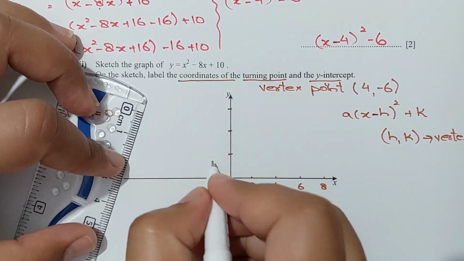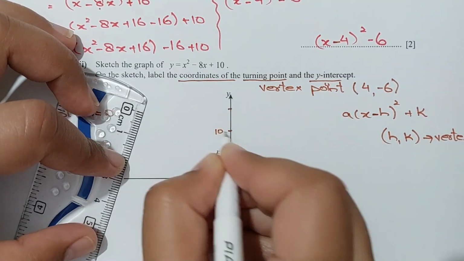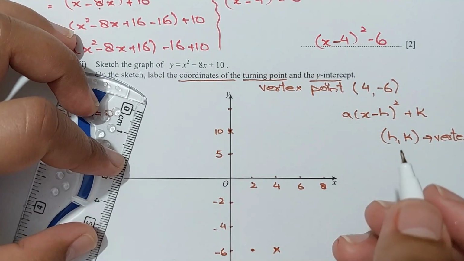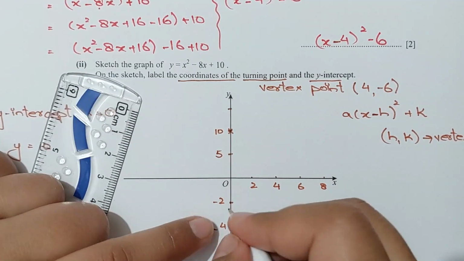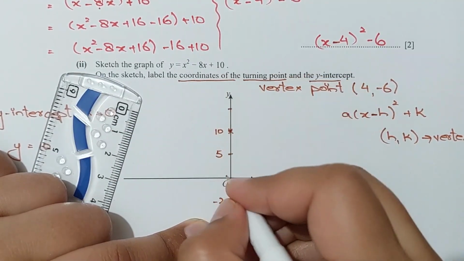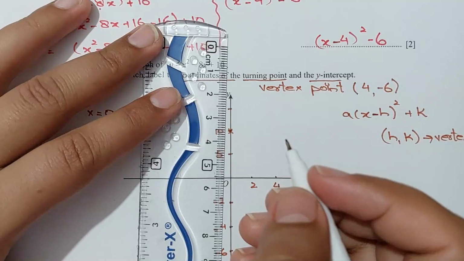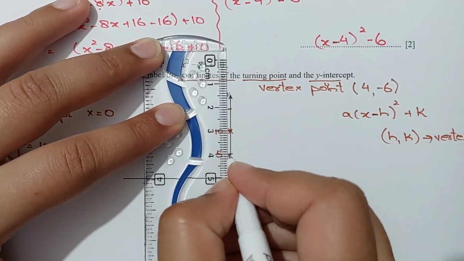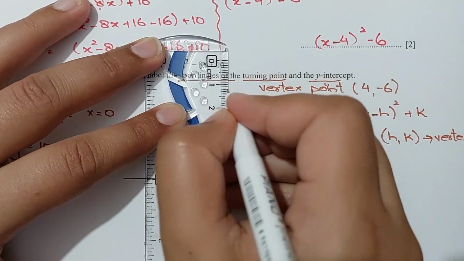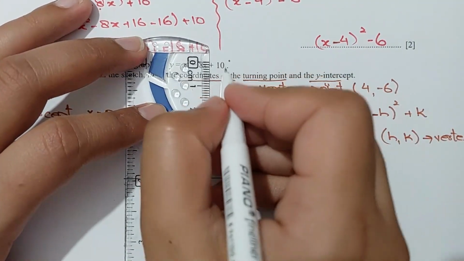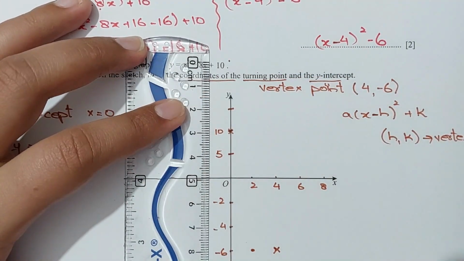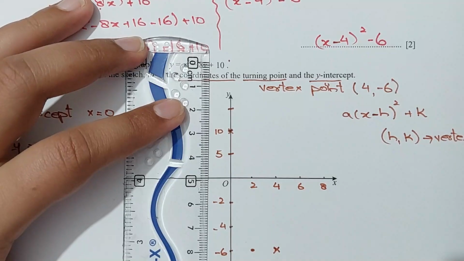Let's say we can say 5 and 10. I know we can't do this, because if the scale is in the gap of 2, it should be in the gap of 2. So let me do the same. 2, 4, 6, 8, and 10 is over here.